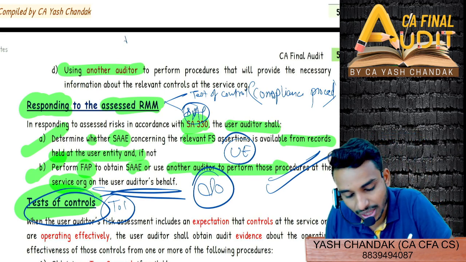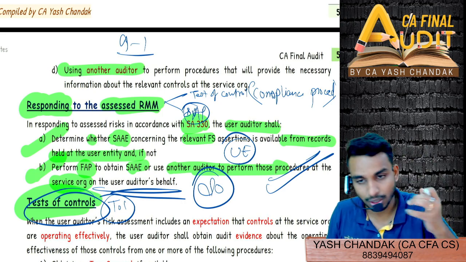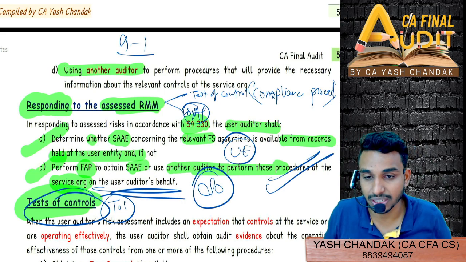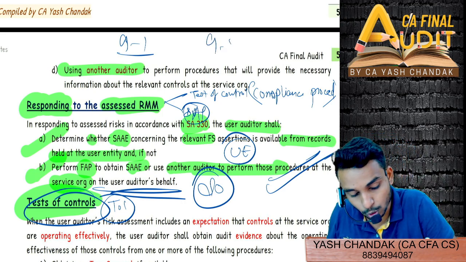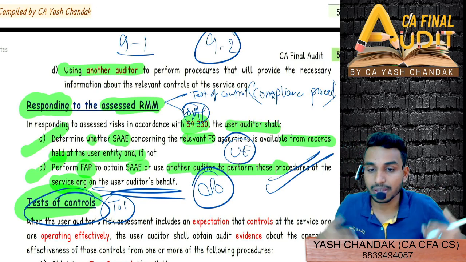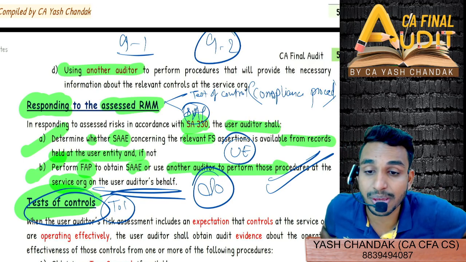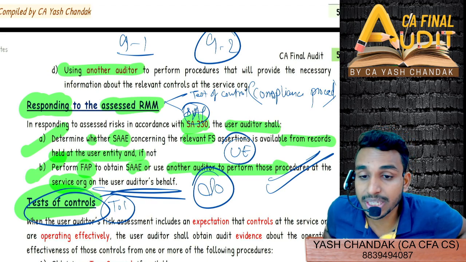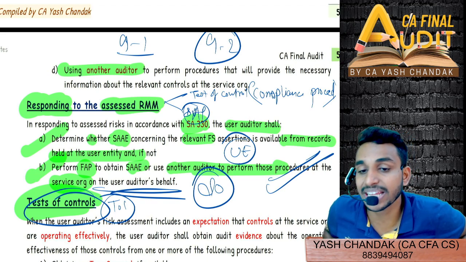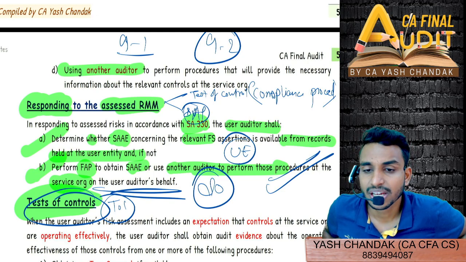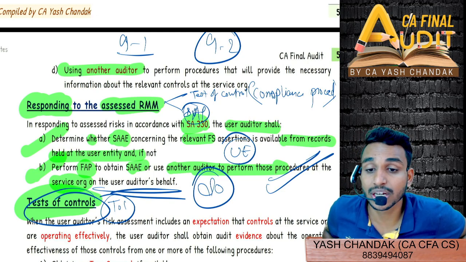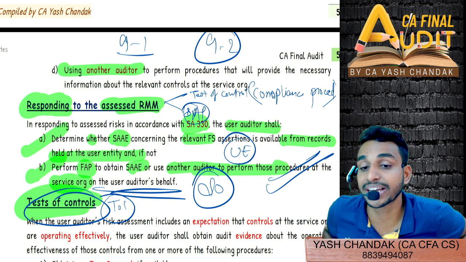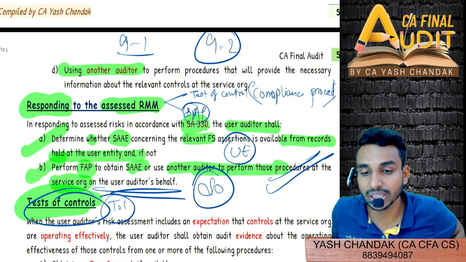If the ratio is 9:1, we'll pass the control. It doesn't matter that one time it is a failure. But if it is 9:2, then we might increase our sample. We might assess again based on 10 more samples, and then see. So it's a kind of mini audit you perform based on sampling, and then you ultimately say whether the controls pass or not. Control pass means yes, they are operating effectively. That is what we do in TOC.